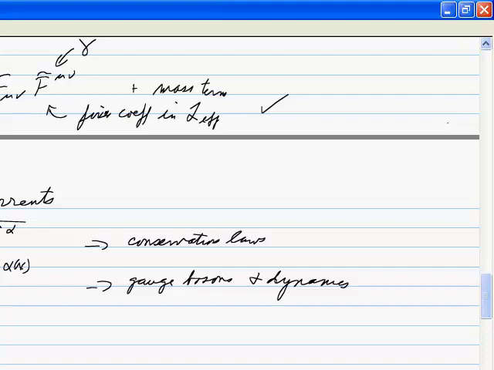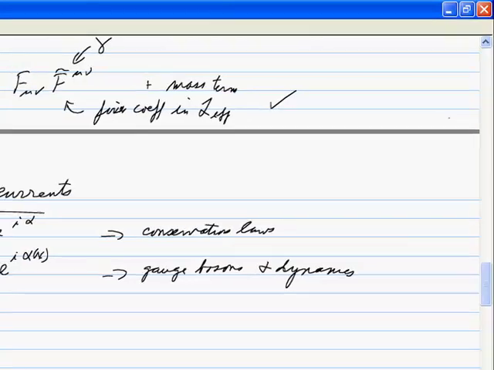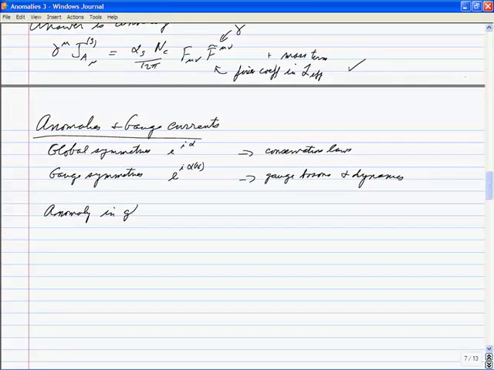An anomaly in a global symmetry is okay. It just means that there's no conserved quantity.